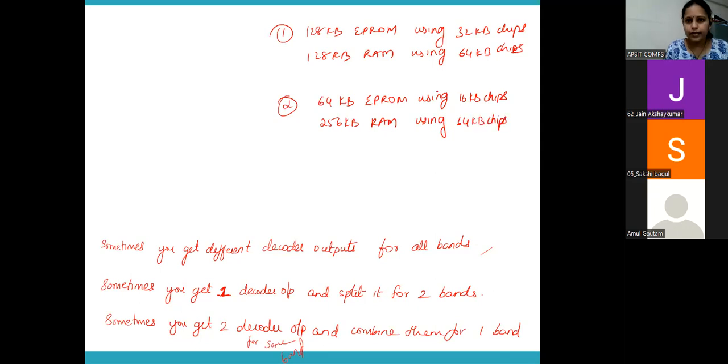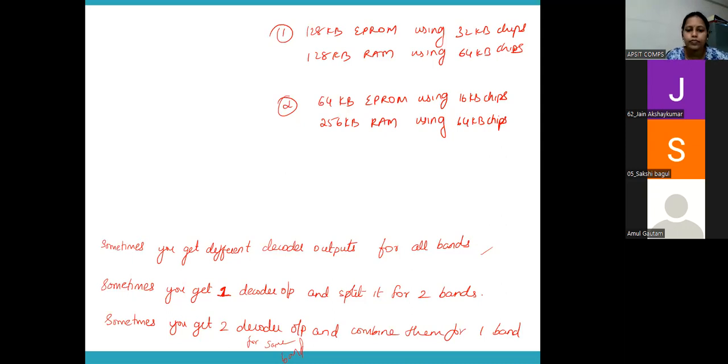You have to create the memory map for both these questions. First estimate the number of chips and starting and ending addresses and then create the memory map. I'll ask one of you to share your screen, so everybody keep a scanned copy of this sheet ready. Tomorrow nobody will give me any excuse.